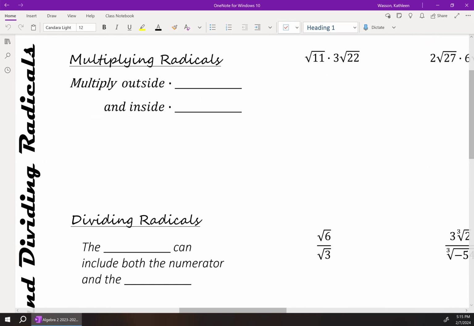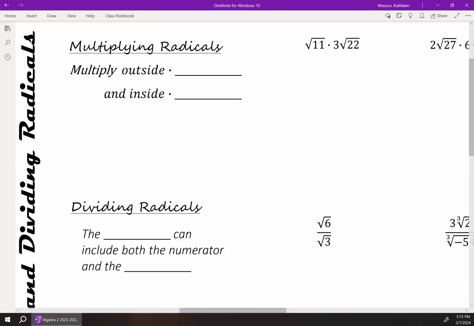When you multiply radicals, you need to know that our overall plan is to multiply the outside times the outside and the inside times the inside.